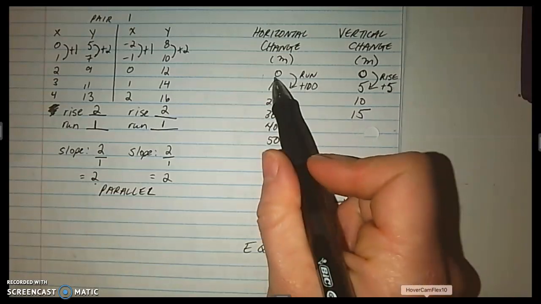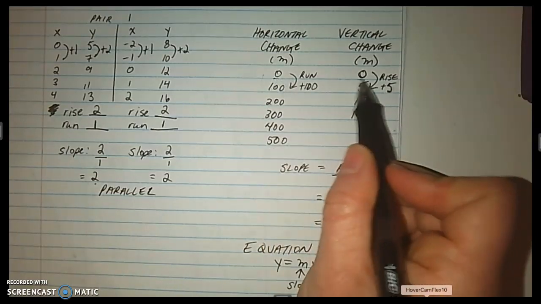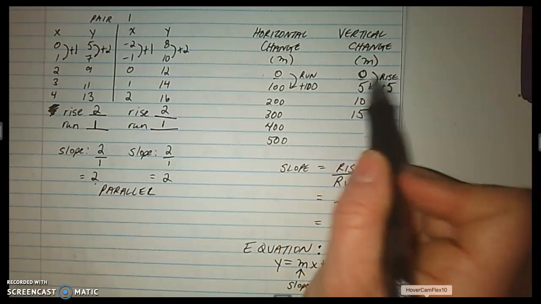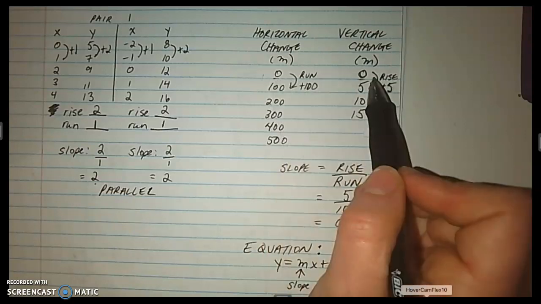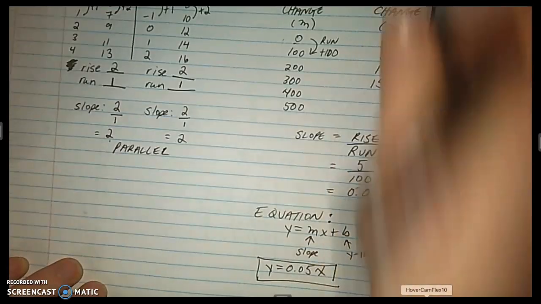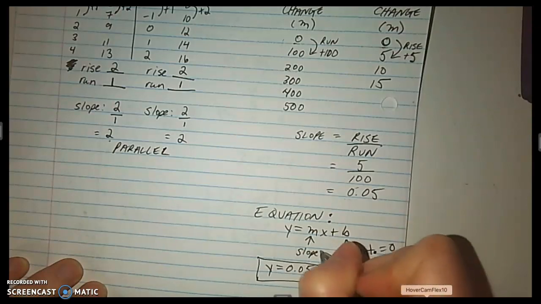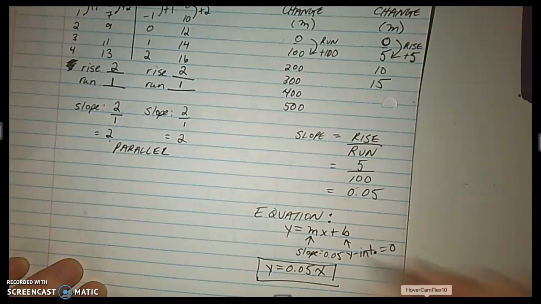This table happens to have a line where x is 0, so I can read the y-intercept out of it. But it's also 0. When x is 0, y is 0, so I don't need to put a number on the end here, so this is my whole equation. Sorry, that came out off screen for a second, but that's the whole equation. My y-intercept is 0, whereas my slope was 0.05.